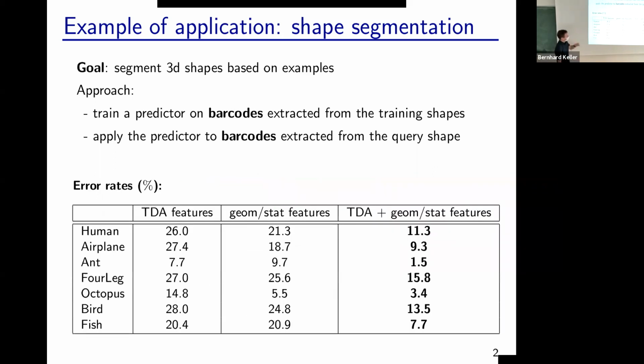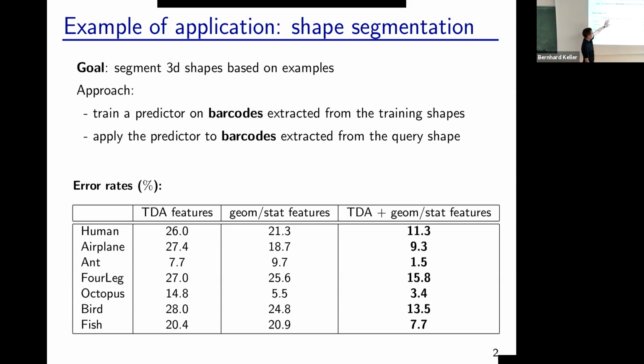And I want to show you the table of results. So we trained one predictor per class, so there were several classes of 3D objects, so there were humanoids, there were airplanes, ants, and so on. For each class, we trained a predictor on a few examples. And we trained it with several batches of features.